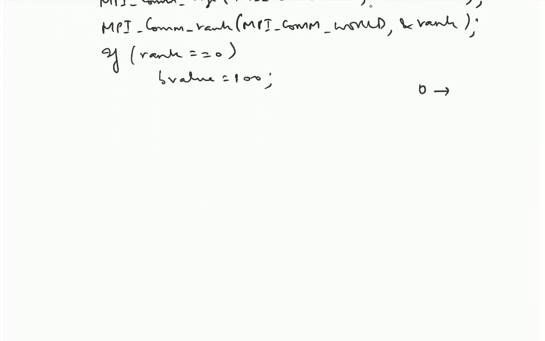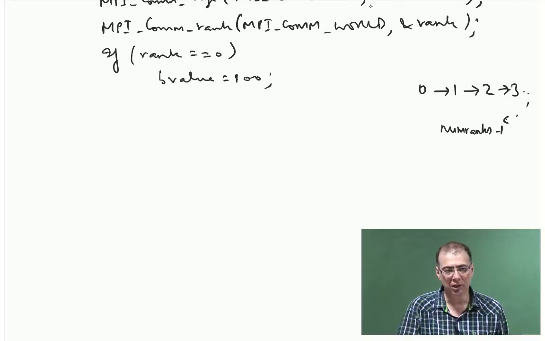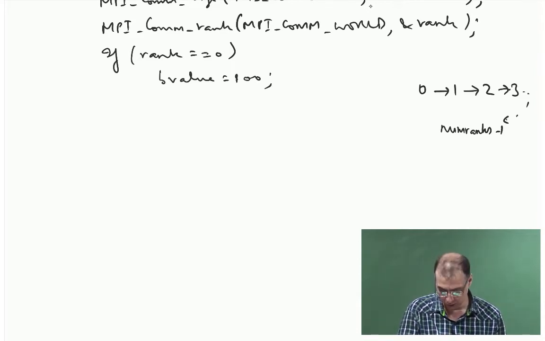Okay, let's do that. So how do you write code for that? Rank 0 has to send to rank 1, which will send to rank 2, which will send to rank 3, and so on until it reaches num ranks minus 1. So the processing on rank 0 is different, the processing on num ranks minus 1 is different, the processing on all the other ranks is the same, right? So what does rank 0 have to do?